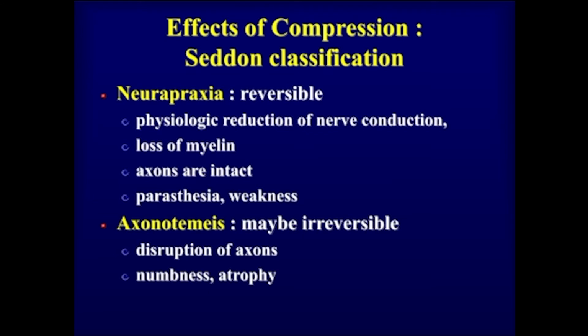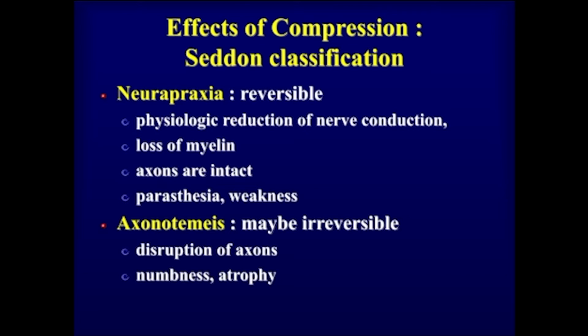I think we should separate the effects of compression into two basic categories. One is a neuropraxia. This tends to be a physiological effect on the nerve in terms of its ability to conduct electrical impulses. This is frequently reversible. It is frequently associated with loss of myelin, but what's very important to understand is that the axons are intact.